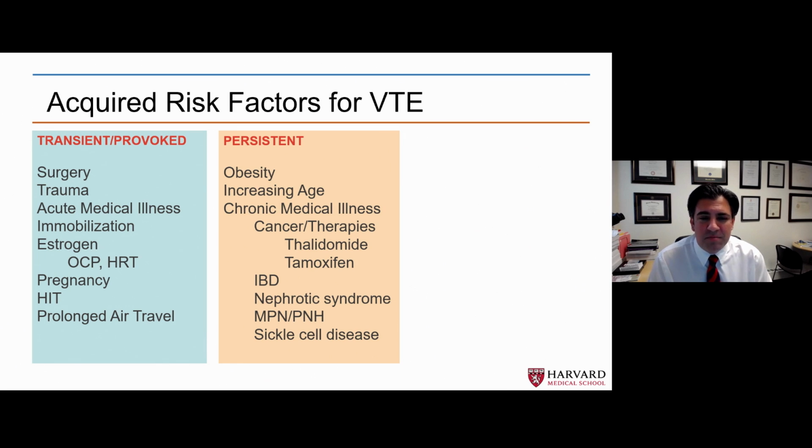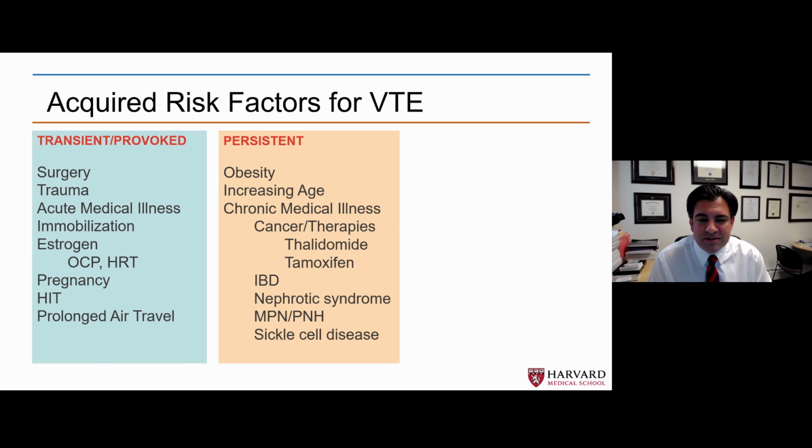When we think about persistent risk factors for VTE, this includes obesity, increasing age, and chronic medical illness. Think about cancers and the different therapies that we use for them. It's not just the malignancy, but also IMiD therapy in multiple myeloma or tamoxifen in the setting of breast cancer.